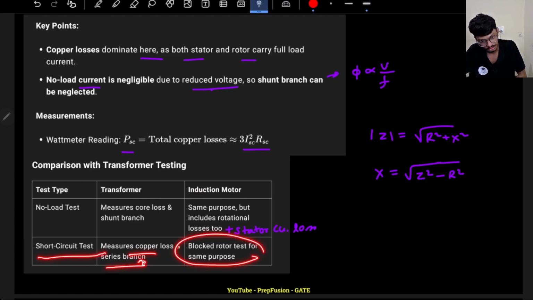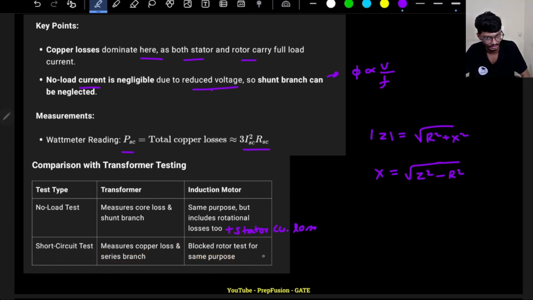For induction motors, we do the blocked rotor test, which is similar to short circuit, and we measure the same series parameters and the copper losses in the conductors and the windings. Here the rotor is standstill, that is, the motor is not rotating, we are holding it.